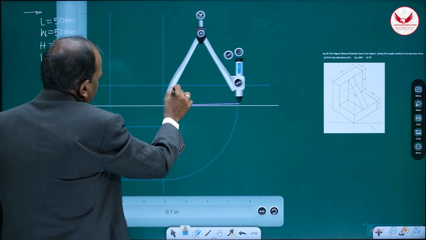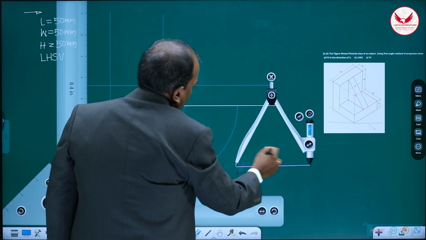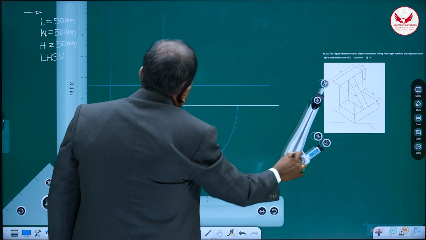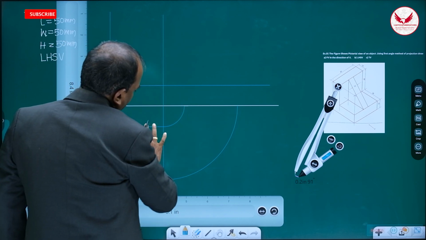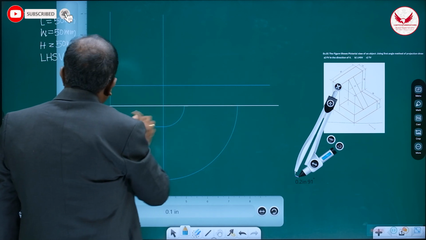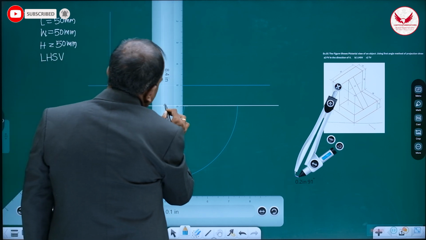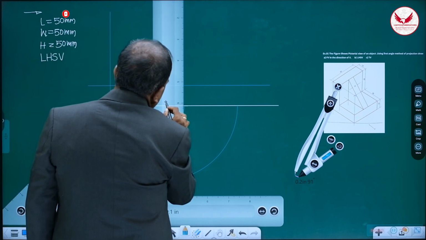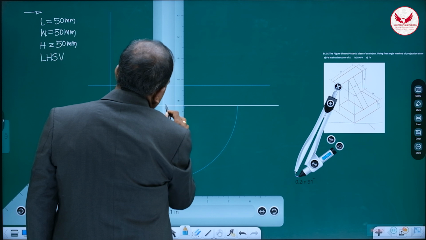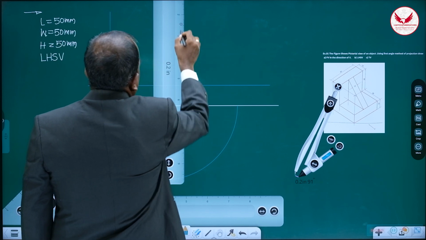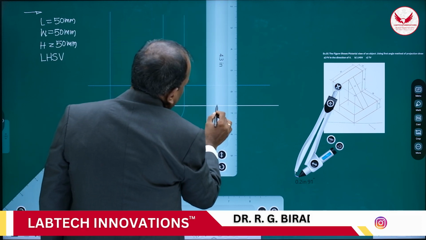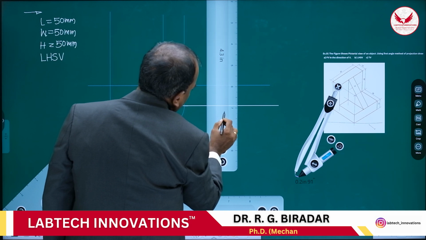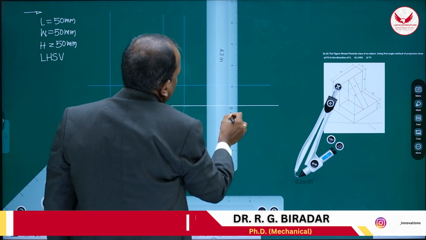I'll suggest this procedure for you. If suppose this is 50, with the help of the compass we are transferring this width to the side view, and it is going to be exactly 50. And mark the vertical light line from this point and again from this point also, like this.